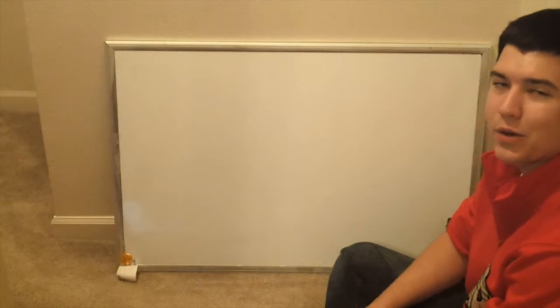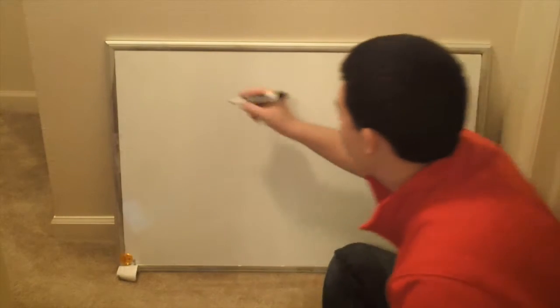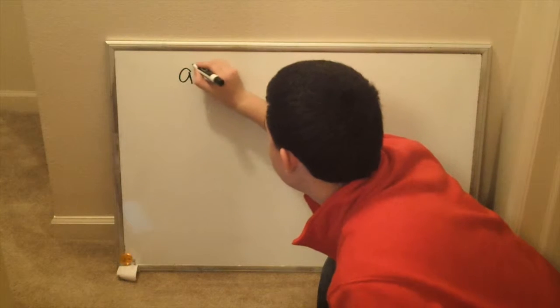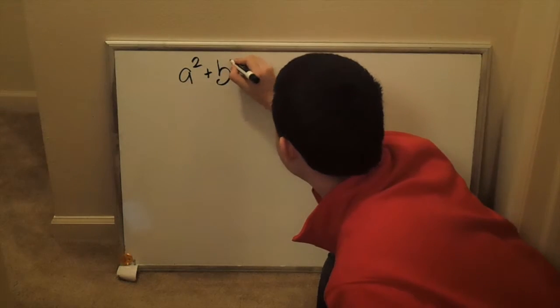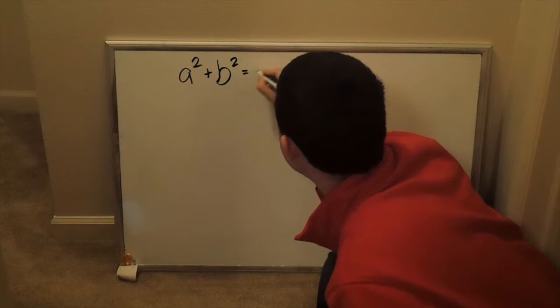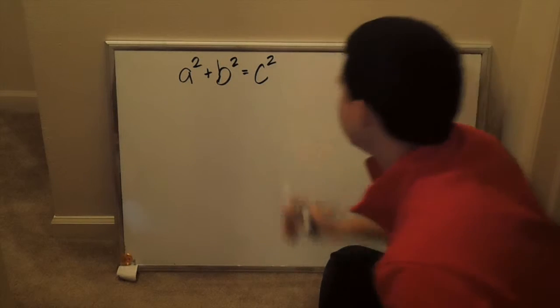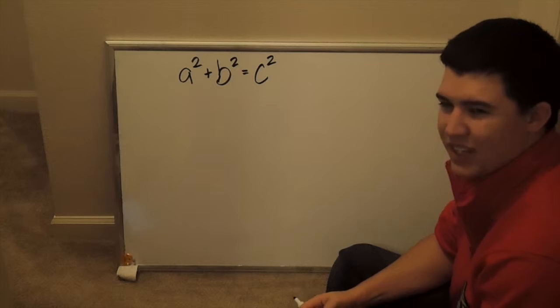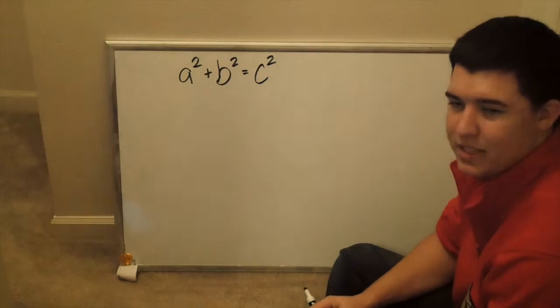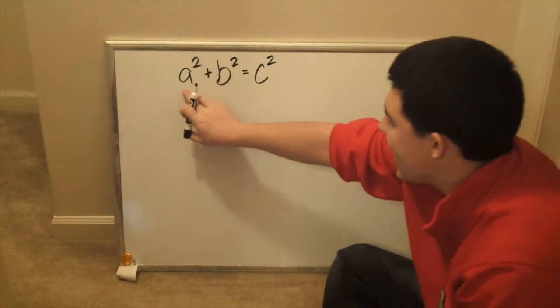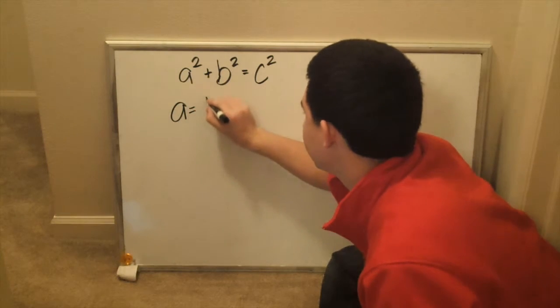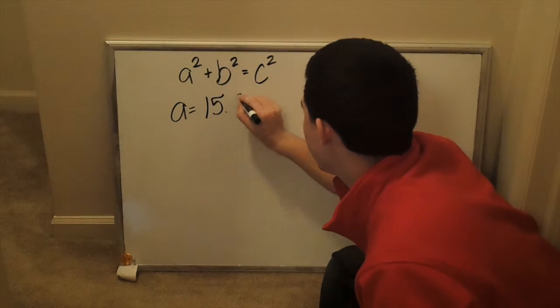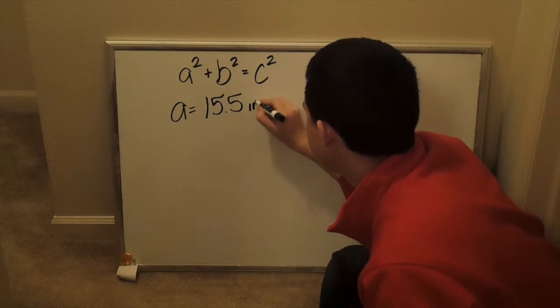So we know that the Pythagorean Theorem is the equation a squared plus b squared is equal to c squared. And so in this case, we know the height of the TV, we're going to let that be our A. So our height A is equal to 15.5 inches.